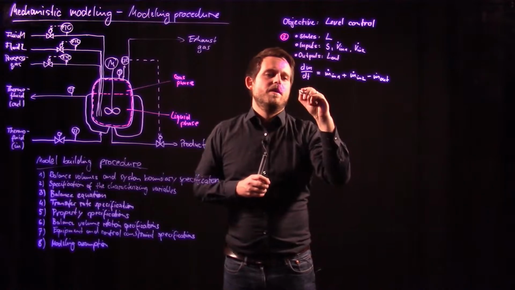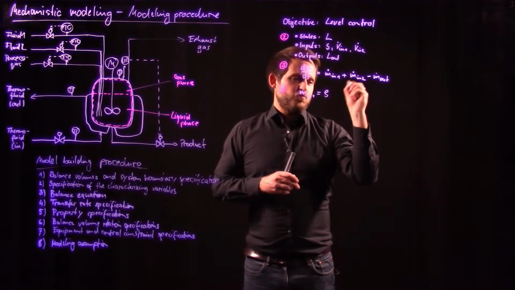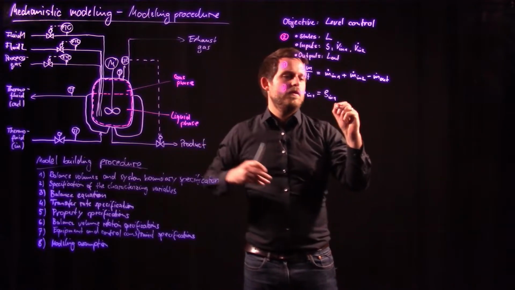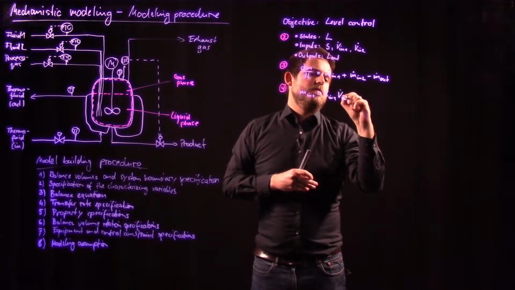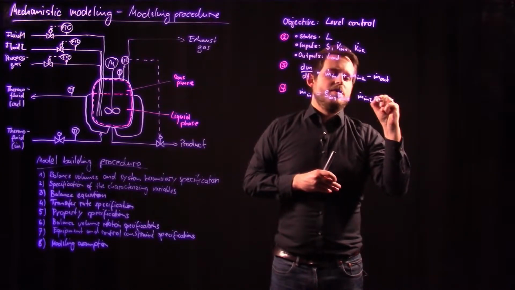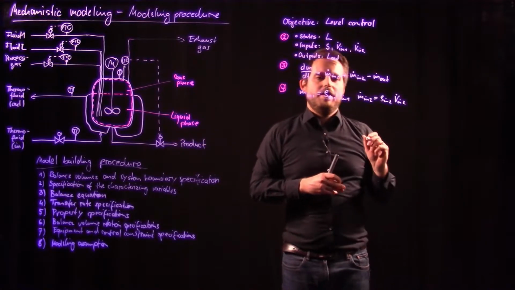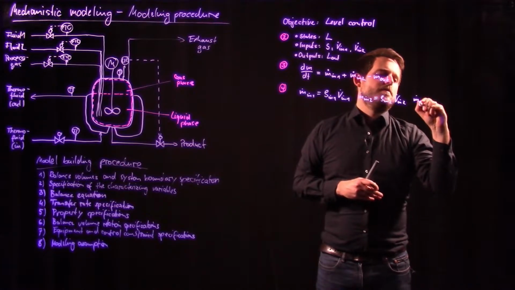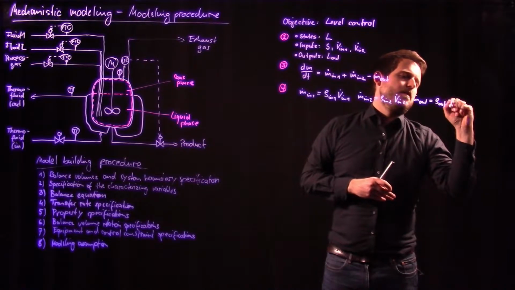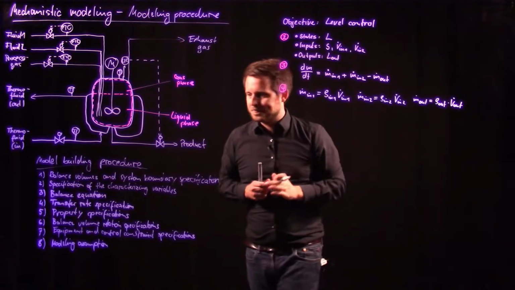That means the mass flow which is going in is equal to the density of the ingoing fluid flow 1 times the volume flow 1. The same is true for the second flow, and the same is also true for the output flow. So very, very simple equations.